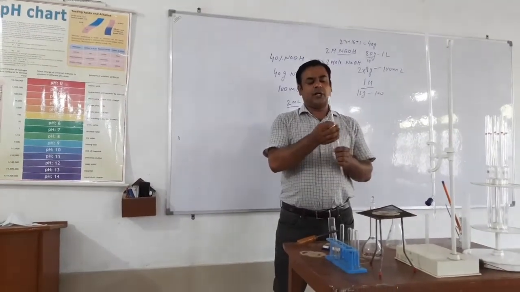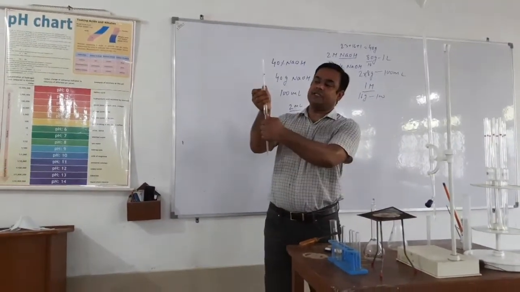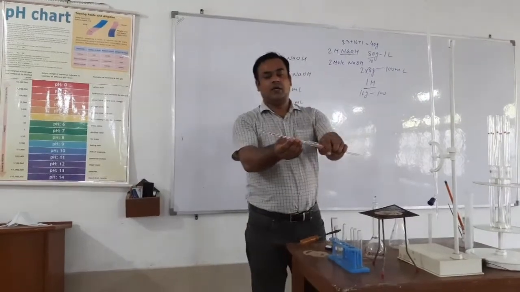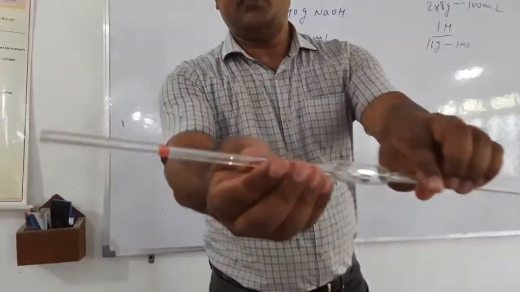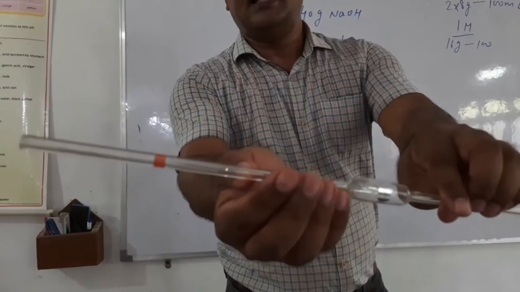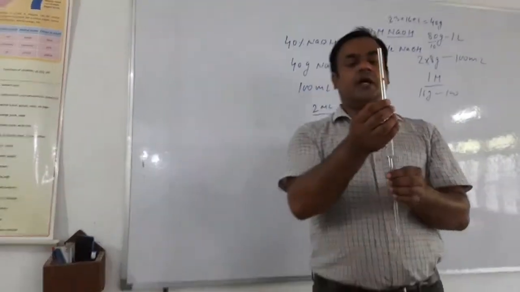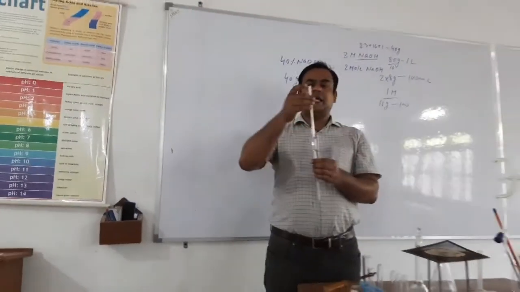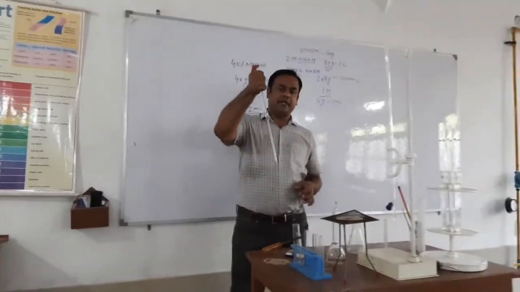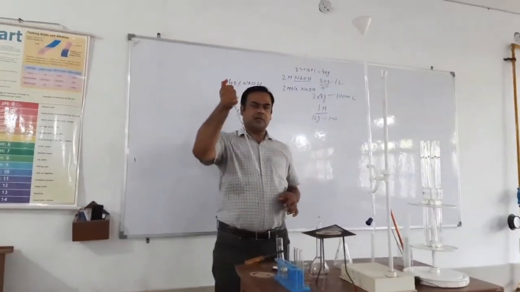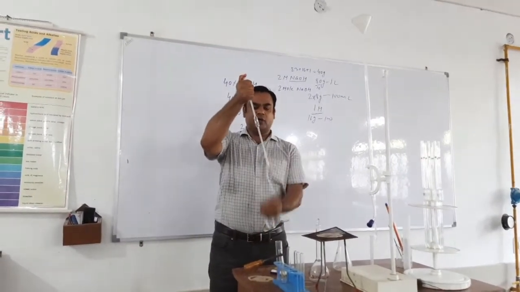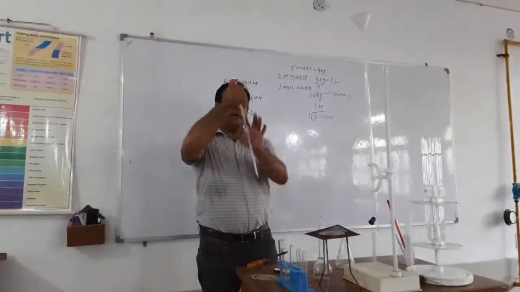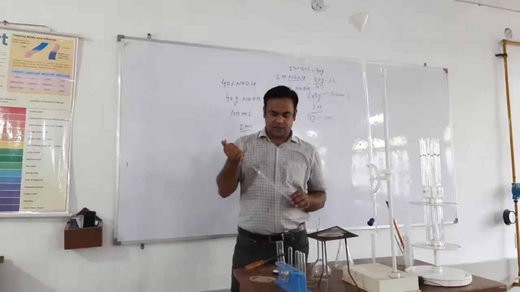When the solution comes a little above this circle, you can see the circle here, then we put our thumb above it. When we put our thumb above it, the liquid will not exude downside. It will not percolate downside. It will remain inside the pipette.